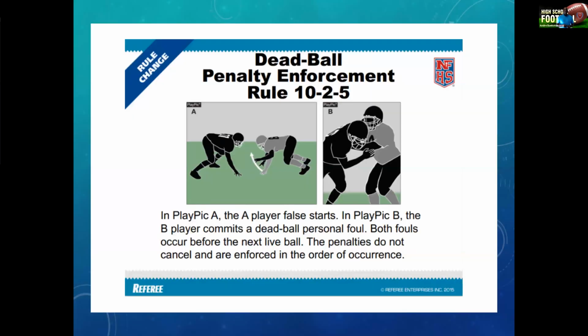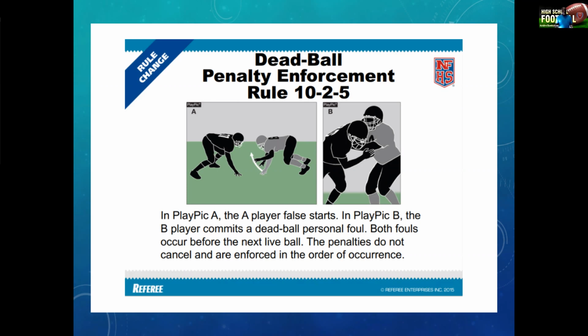So, here's an example. In play A, the A player false starts, a dead ball foul. And then the B player commits a dead ball personal foul. Both fouls occurred before the next live ball. The penalties do not cancel; they are enforced in the order of occurrence.